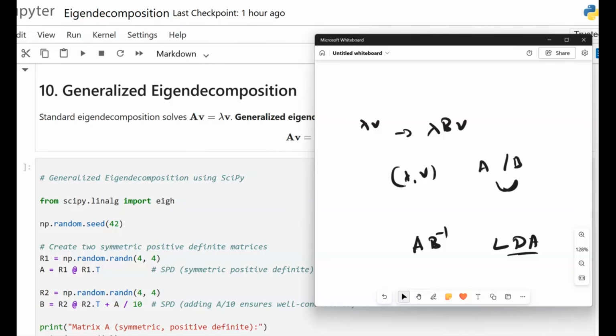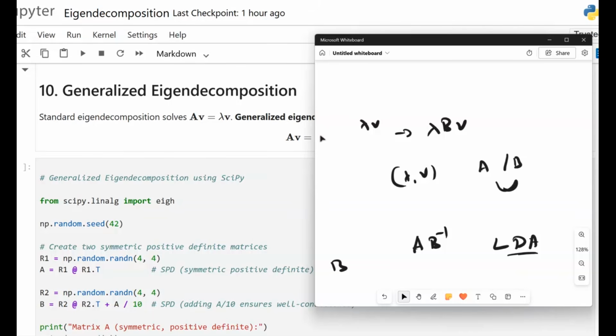This is formulated as a generalized eigendecomposition of two covariance matrices. And the standard requirement is that B is positive definite, which is guaranteed when B is a covariance matrix.